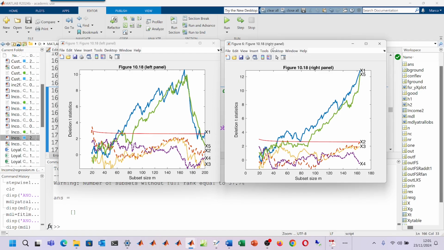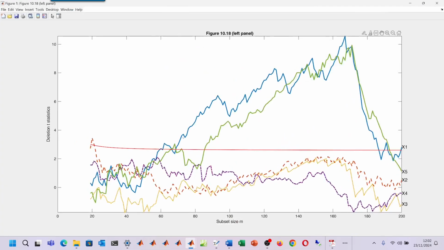In the left-hand panel, you can see that when you consider all the data, there is a dramatic change in the value of the t-statistics for x1 and x5. These trajectories start to increase, and then when the outliers join the subset, they become non-significant, or they lie very close to the significance level.